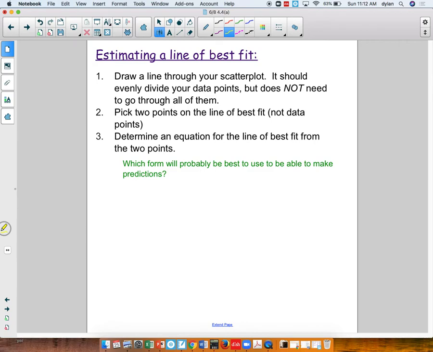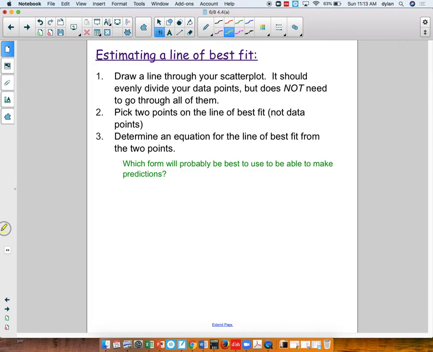And as a reminder, it should evenly divide the data points, but does not need to go through all of them. And in fact, it should not go through all of them. Next, we're going to pick any 2 points on the line we drew in. And then finally, we're going to determine the equation for the line of best fit from those 2 points.